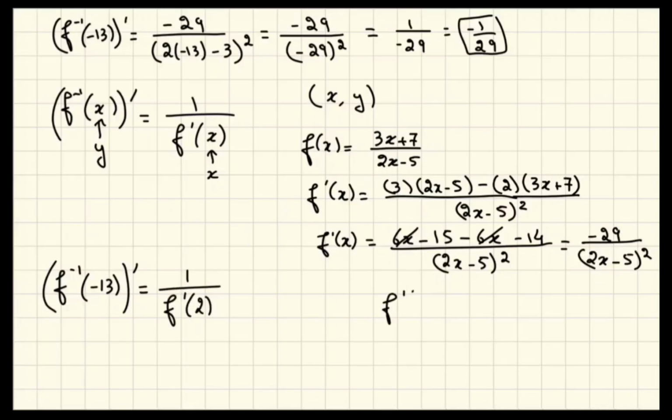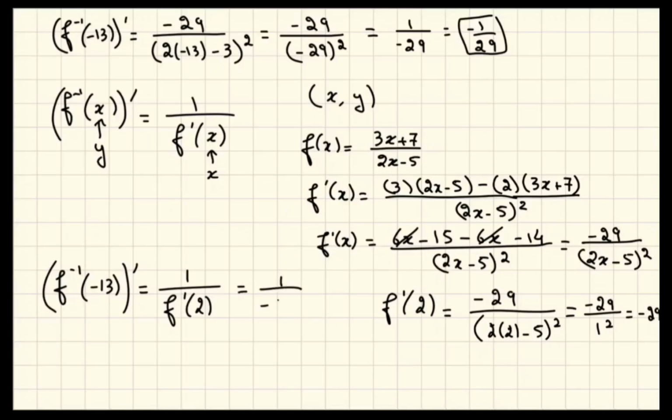Now, replacing the y value of the point instead of the x in f inverse, let's check if it's equal to 1 over f prime of 2. Now what is f prime of 2? Replace 2 here, we get minus 29 over 2 times 2 minus 5 all squared. So we get minus 29 over 1 squared, which is minus 29. So our answer basically will be 1 over negative 29, which is the same thing as minus 1 over 29, as we did before.